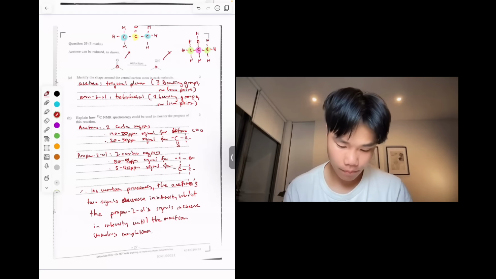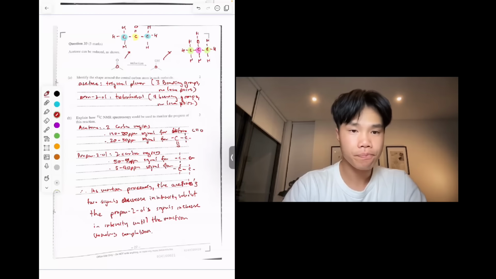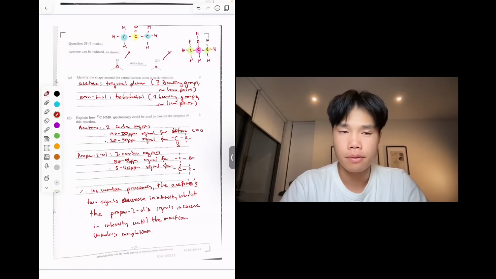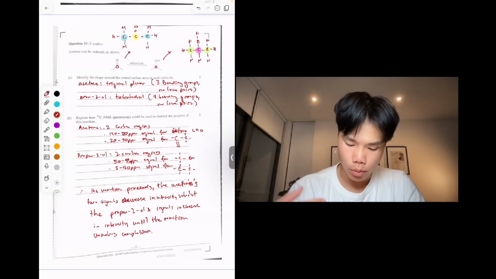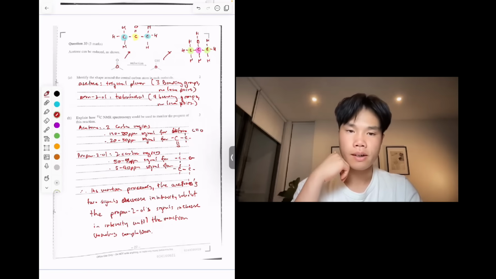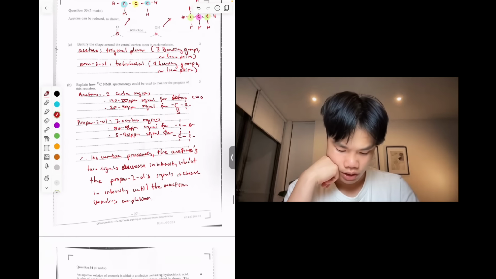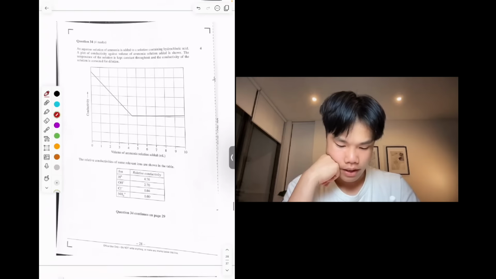So you'd monitor the progress based on how much has been converted from one to the other. And I think that's pretty much it. You'll be looking at the proportion of those signals, how far they've gone down or how far they've increased. That tells you how far along the progress of the reaction is.